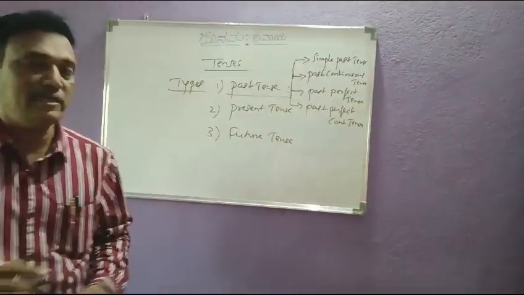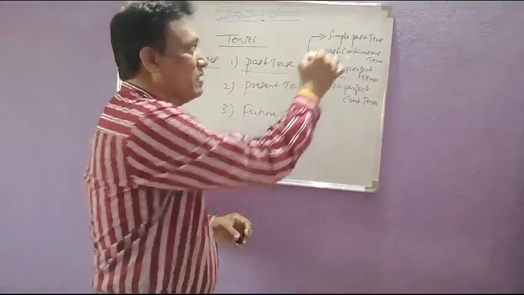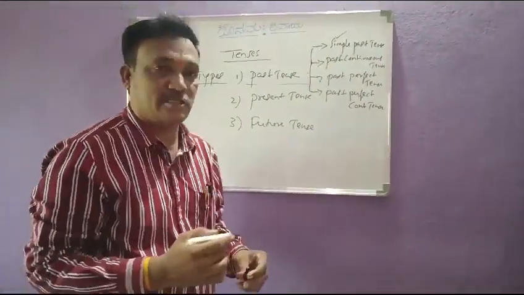So in each and every type of tense there are four sub-types. First one is simple past tense. What do you mean by simple past tense?